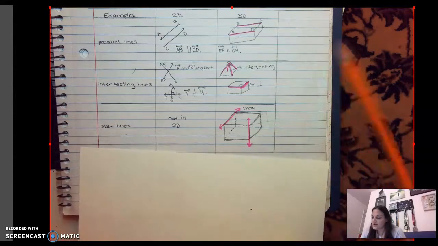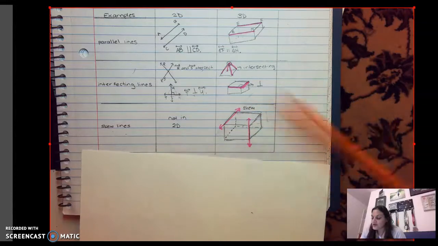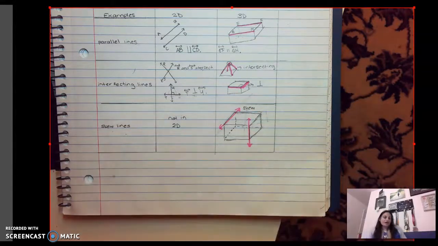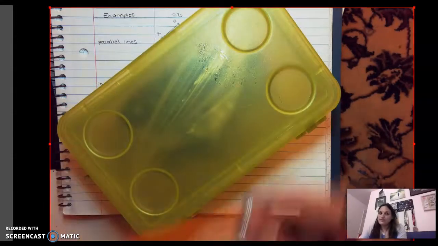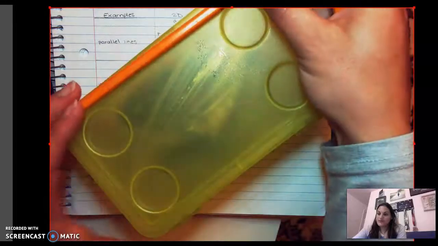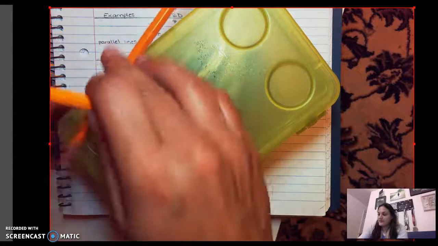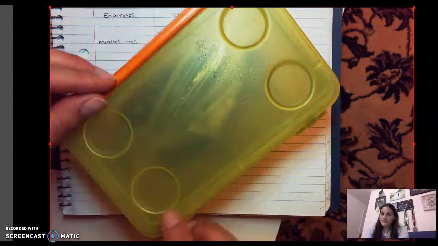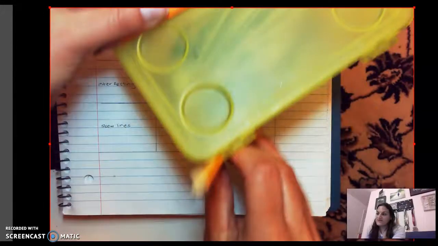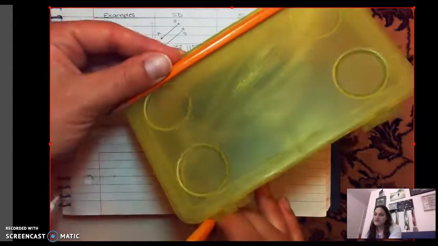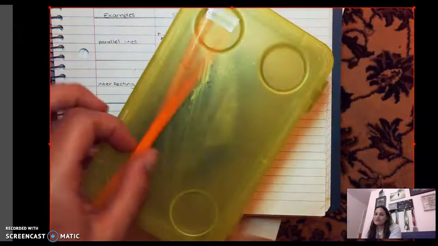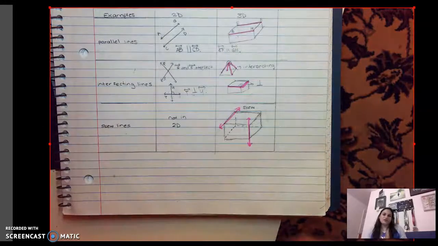So this line here is never going to intersect with this line here, which is a little bit confusing when we look at it there. But again, if we look at our box, if I use this line here, and I use this pencil up here, these lines are never going to intersect. They're never going to meet each other. So it works in 3D. It doesn't really work in 2 dimensions.